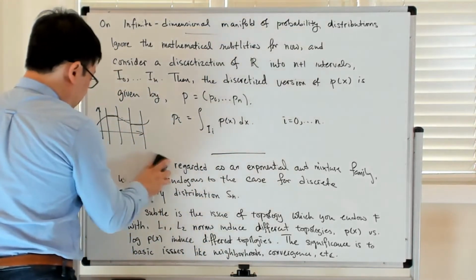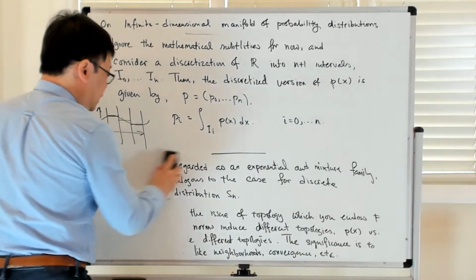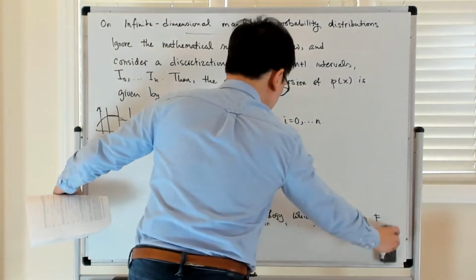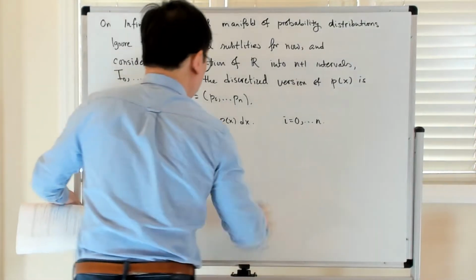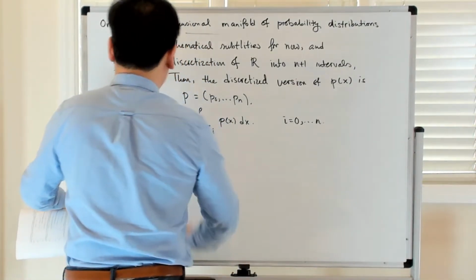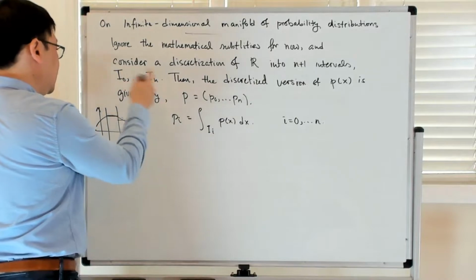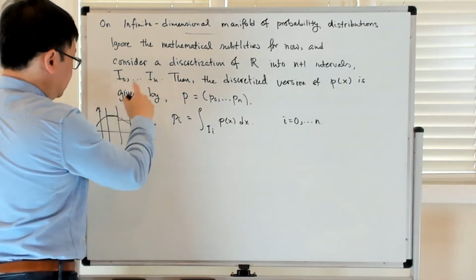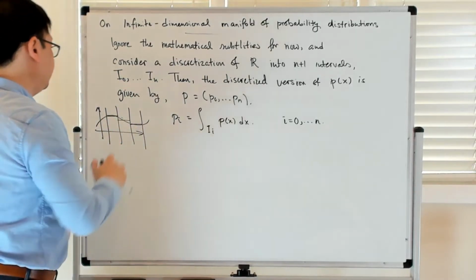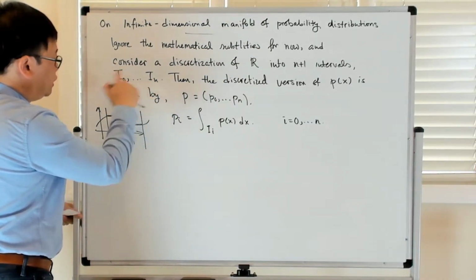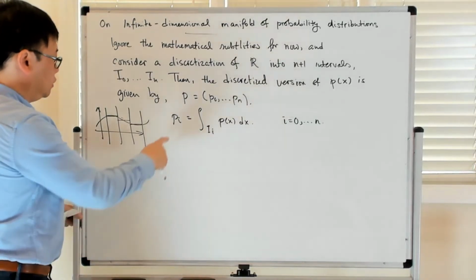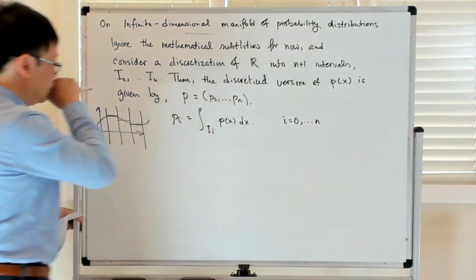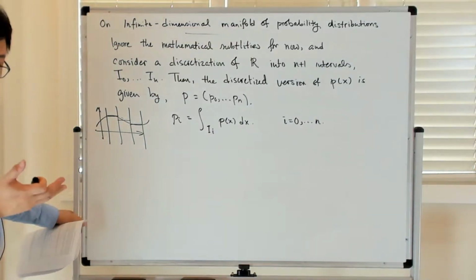Okay, so what happens then, as you might expect, is that because of the normalization property, and because of the fact that these intervals intersect only on a set of measure 0, and the union is the entire real line R, these Pi's, which form this P vector, is an element of the probability simplex.